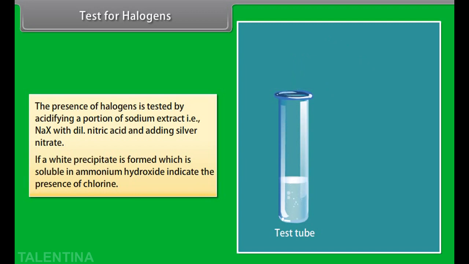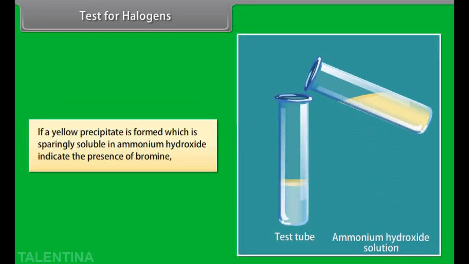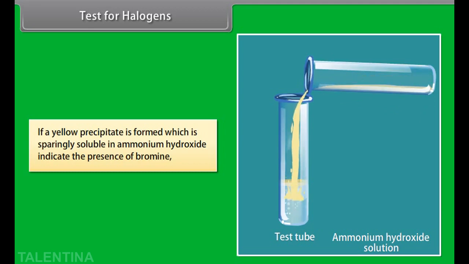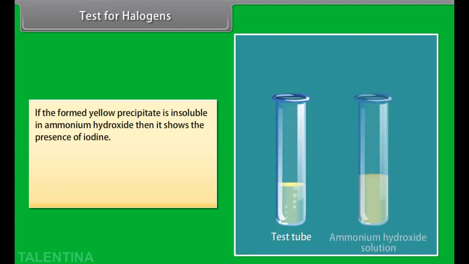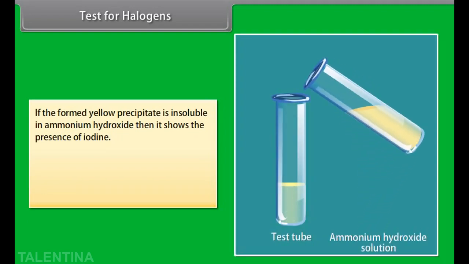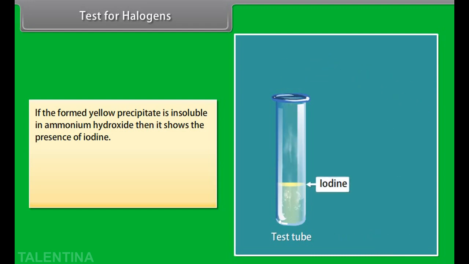If a white precipitate is formed which is soluble in ammonium hydroxide, it indicates the presence of chlorine. If a yellow precipitate is formed which is sparingly soluble in ammonium hydroxide, it indicates the presence of bromine. If the yellow precipitate formed is insoluble in ammonium hydroxide, then it shows the presence of iodine.